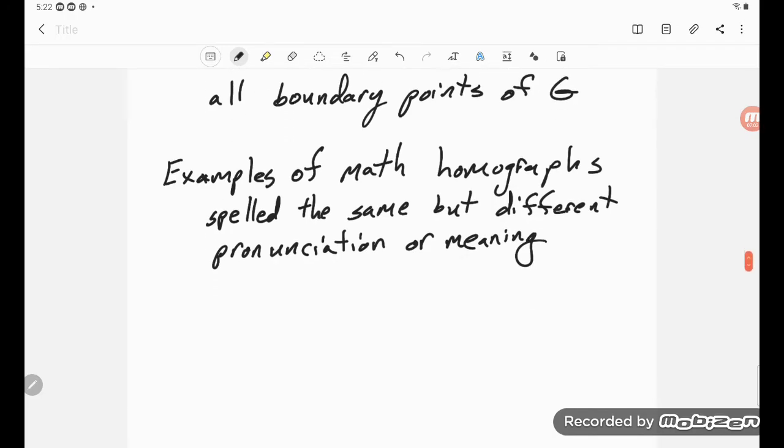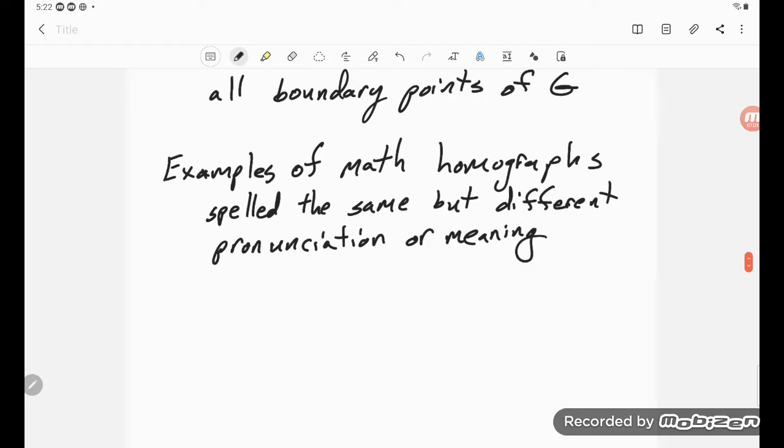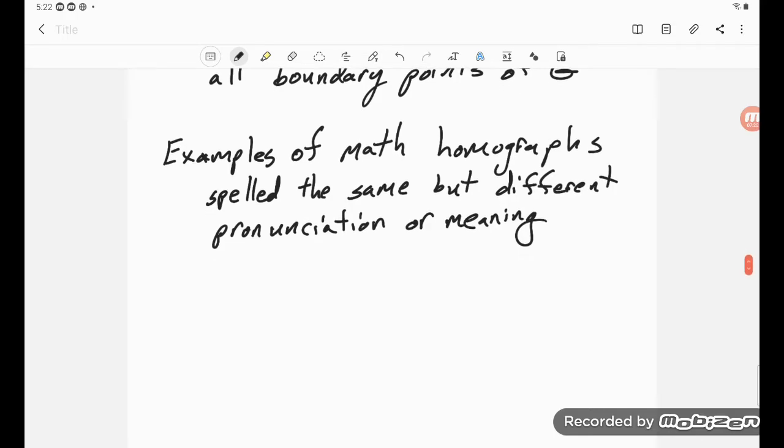I guess they could have the same meaning but be pronounced differently. Now, to me, if they have the same meaning and are just pronounced differently, I'm not sure I personally would call them homographs, but some of you may talk about your aunt, and others may talk about their aunt. That would be a case of a homograph.